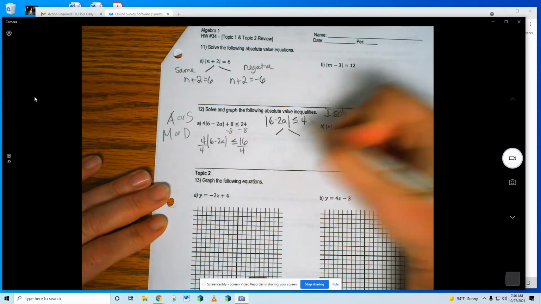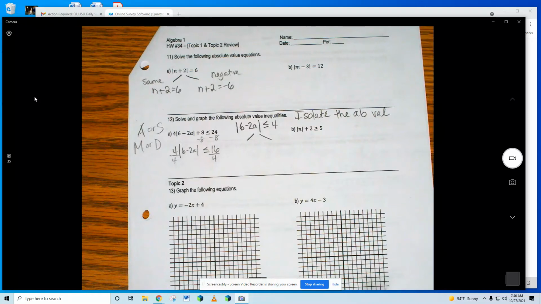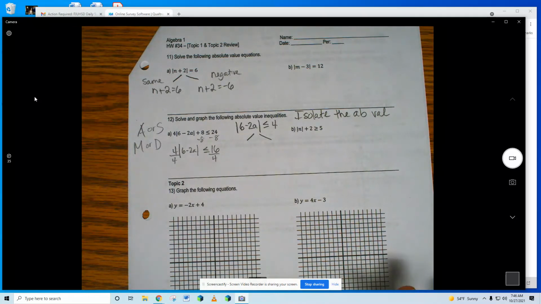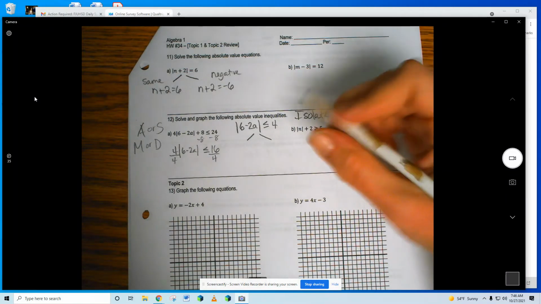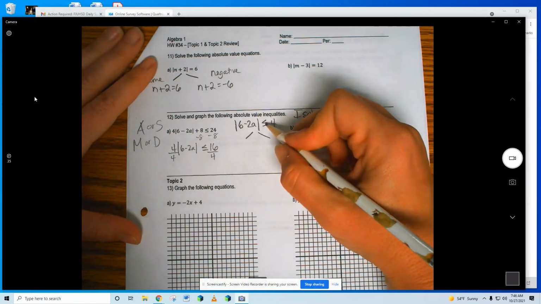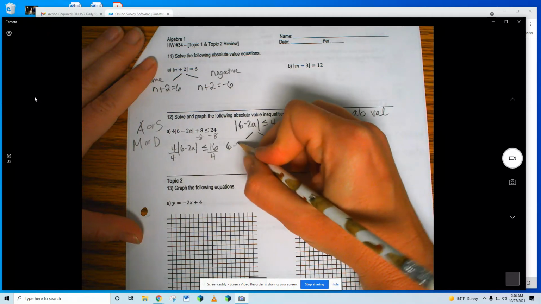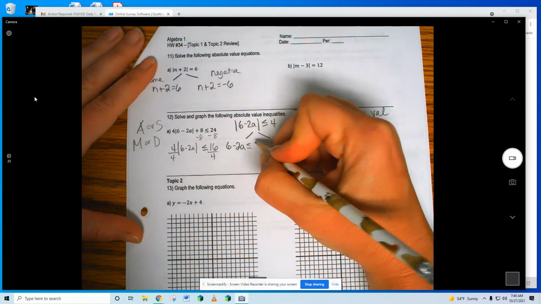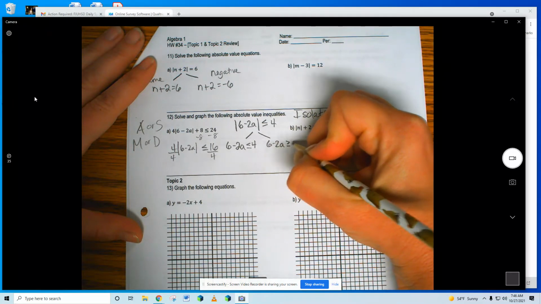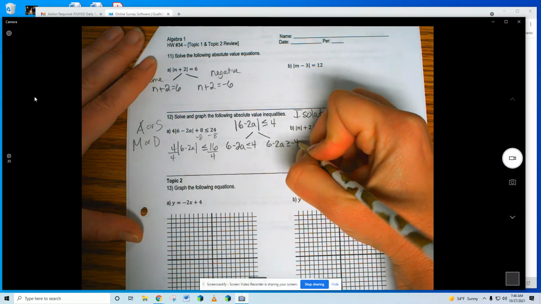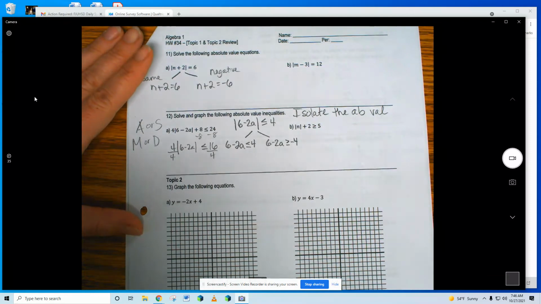And then I split it. Okay. On the inequality, 6 minus 2a is less than or equal to 4, the same. And then 6 minus 2a is greater than or equal to negative 4. So I solve those.